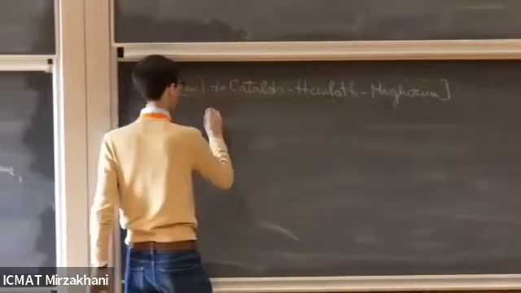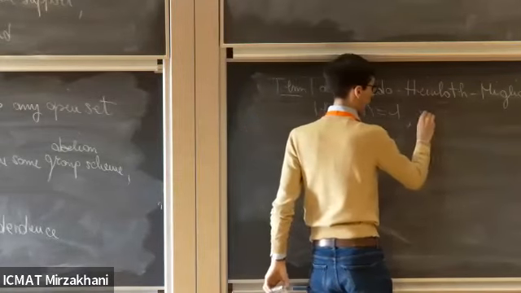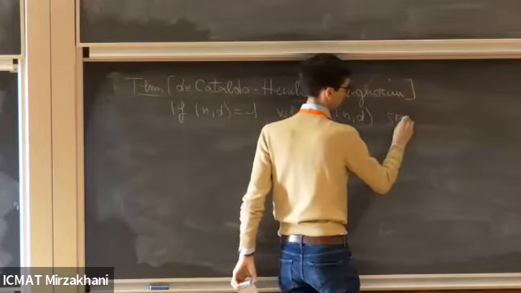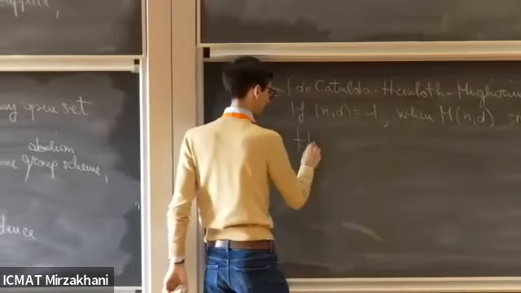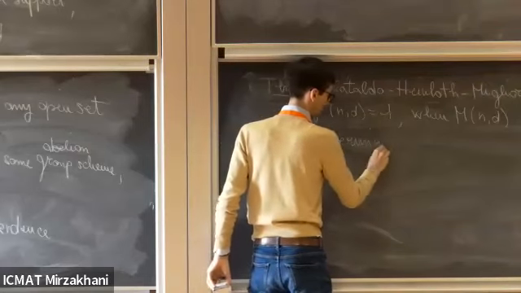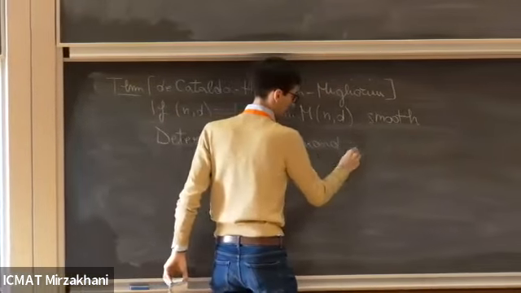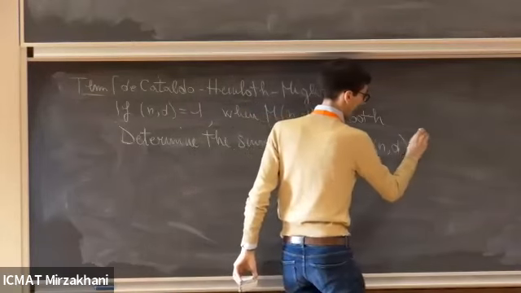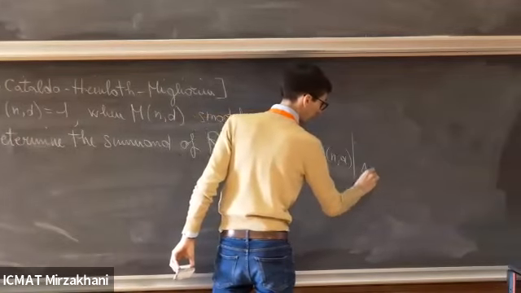In the smooth case, if n and d are coprime, so when M_{n,d} is smooth, they prove that they determine the summands of the pushforward of IC under the Hitchin map, on the reduced locus.